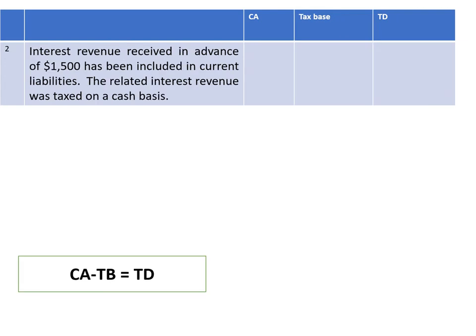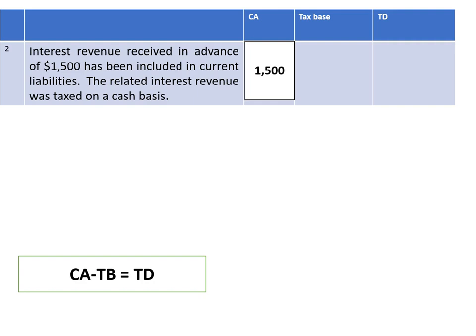Interest revenue received in advance of 1,500 has been included in current liabilities. The related interest revenue was taxed on a cash basis. Now, remember what we said for revenue received in advance. We've been told our carrying amount is 1,500. For revenue received in advance, it's going to be the 1,500 less the amounts that will not be taxable in future in respect of the 1,500.